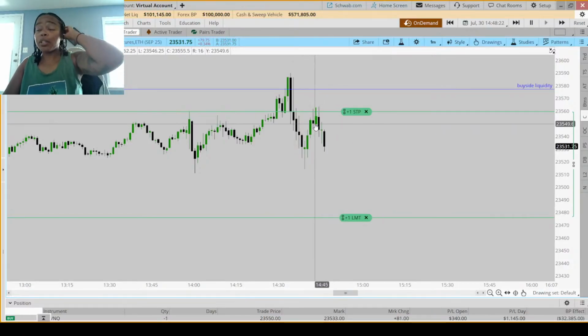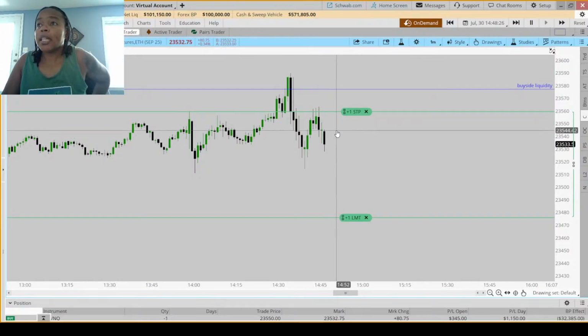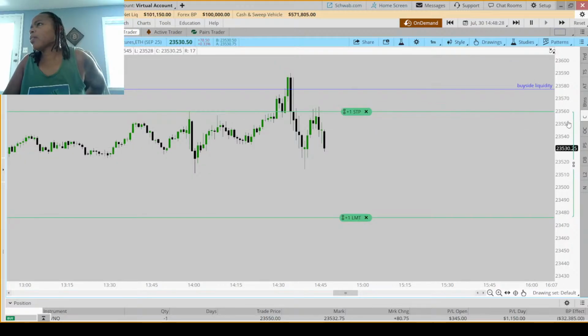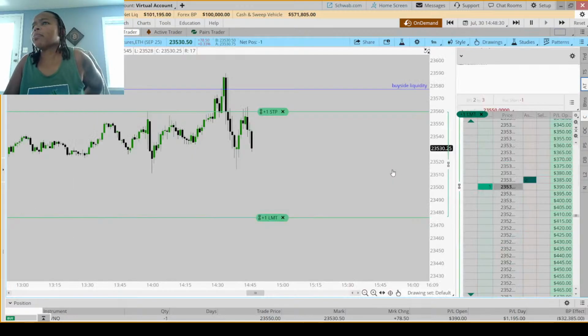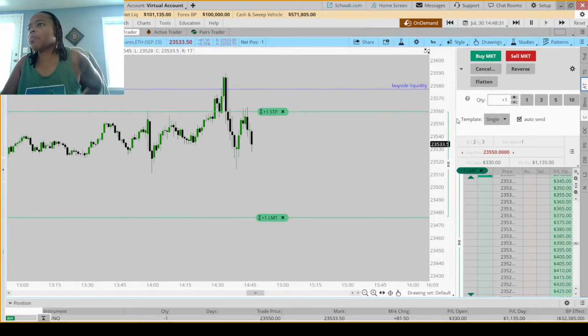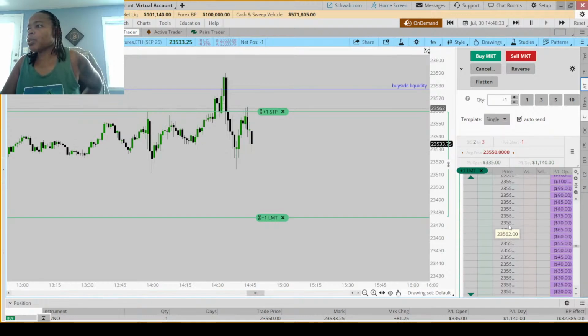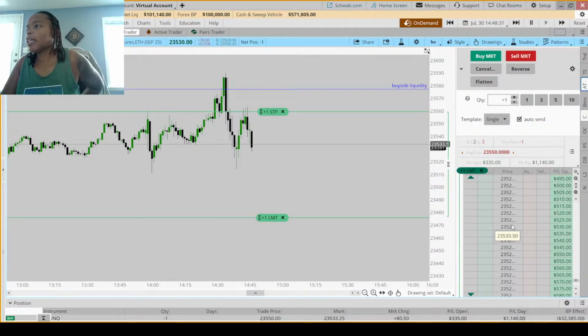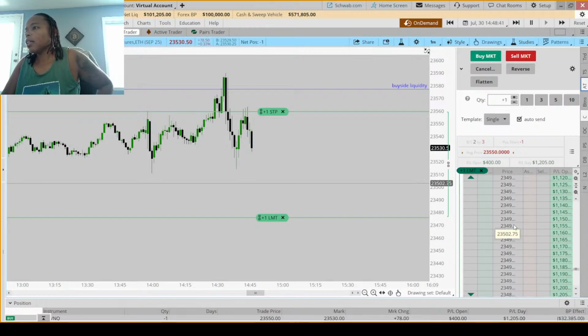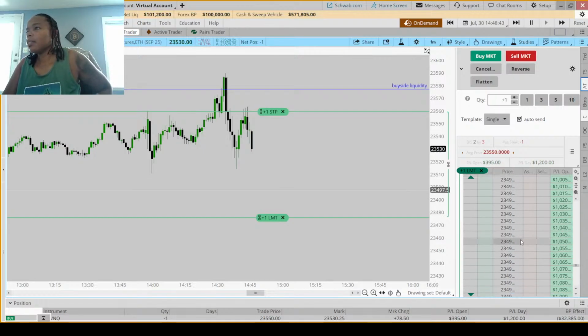So this is the live trade I took on Wednesday for 1190. So let's take a look at where my TP and stuff is. Because I made 1190 on that short. So I got to make sure I make 1190 on this short. The heck?